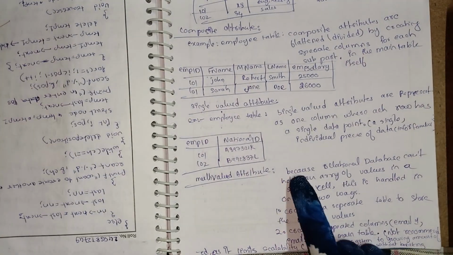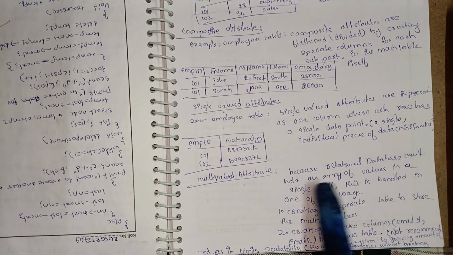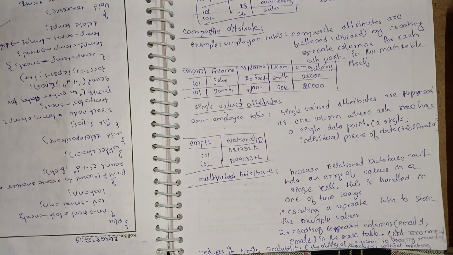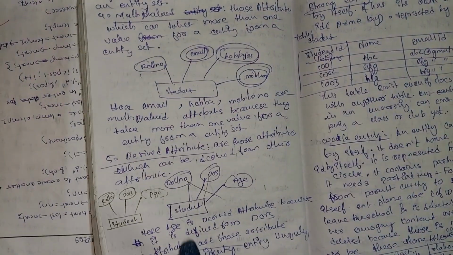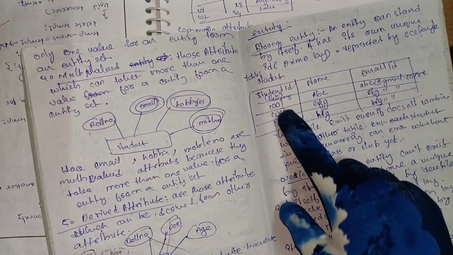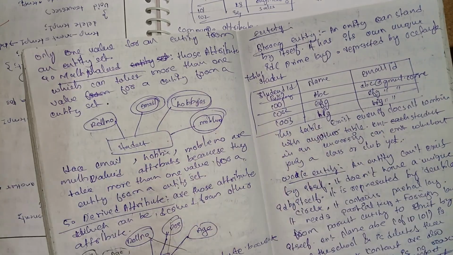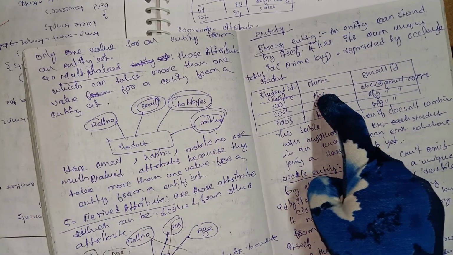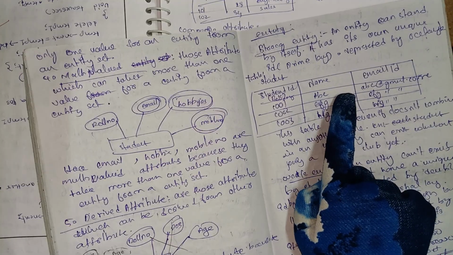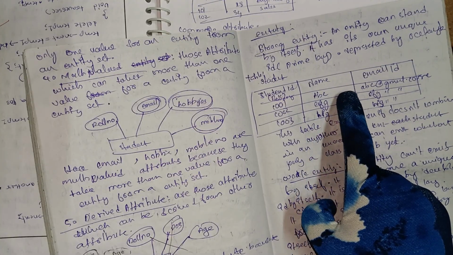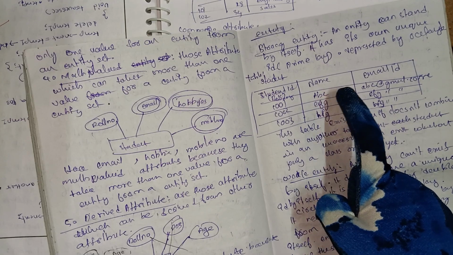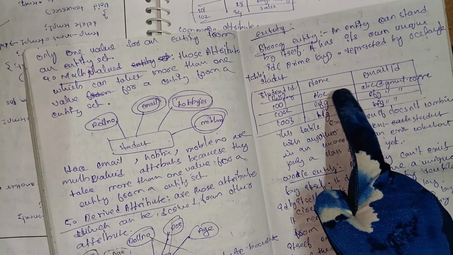Because a relational database can't hold an array of values in a single cell. Consider this table. This particular cell can't contain a list of values, an array of values like abc, abc, cdf.